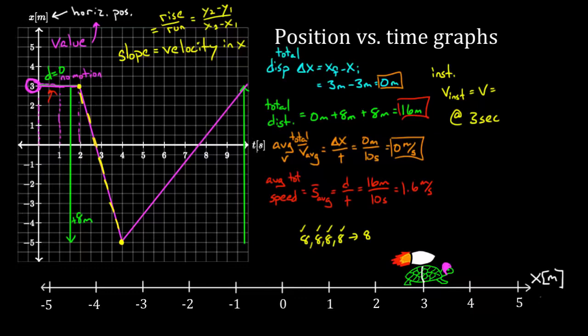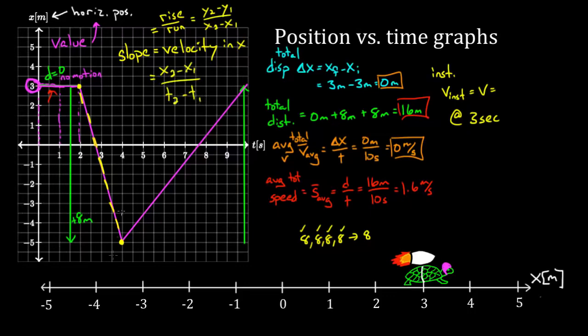But this is physics. Our horizontal axis isn't x. Our horizontal axis is t. And our vertical axis is what we're calling x. So for physics class, the slope of this graph, particularly, the rise, in this case, is this axis, so it's going to be x2 minus x1. Over the run, well, that's going to be t2 minus t1.